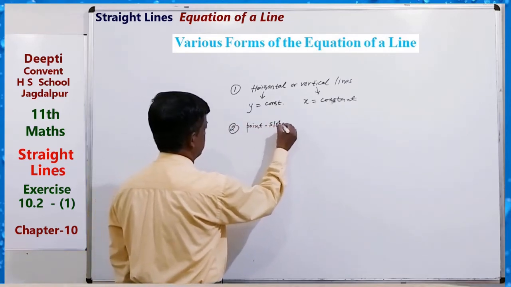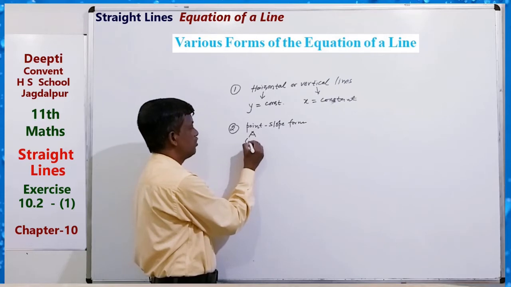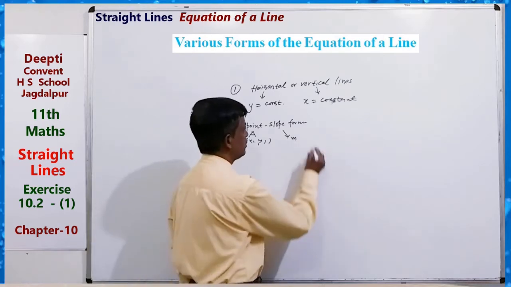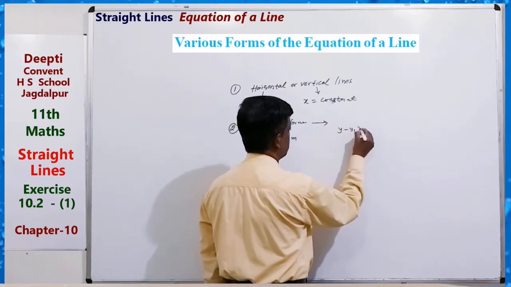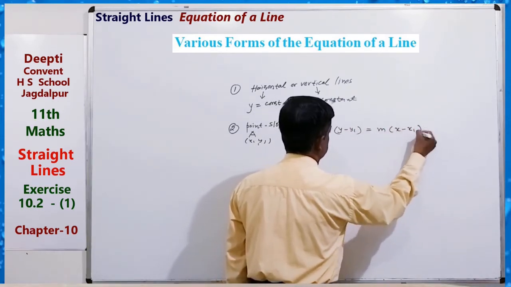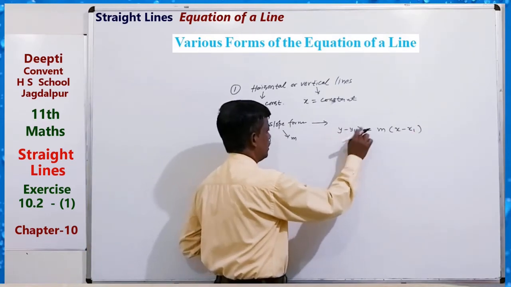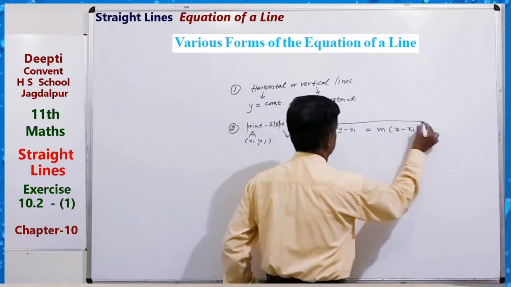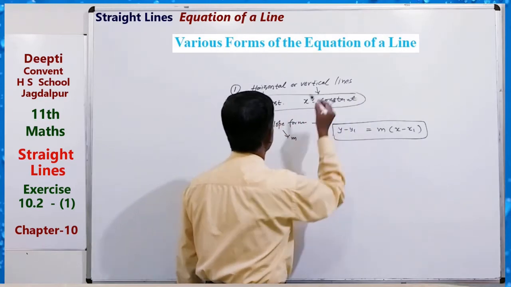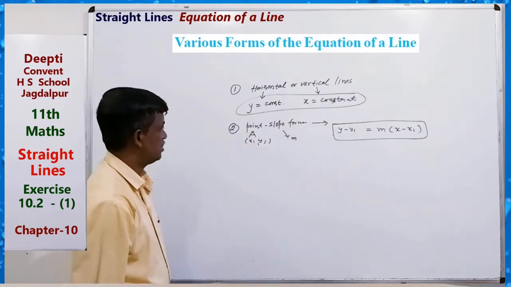Point slope form means a point x1, y1 is given and the slope m is given. Then what is the equation? y minus y1 equals m times x minus x1. Point, this; slope, this.